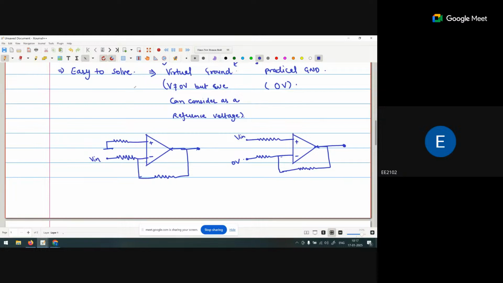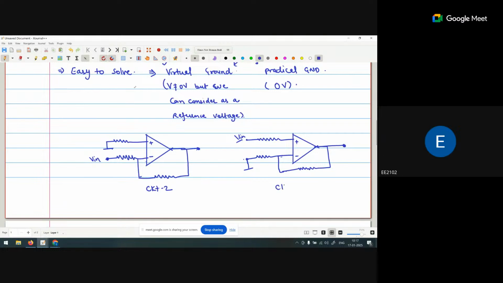Here, you see that V in is connected on a positive terminal, and in this second circuit you are seeing that the input signal is applied on a negative terminal.